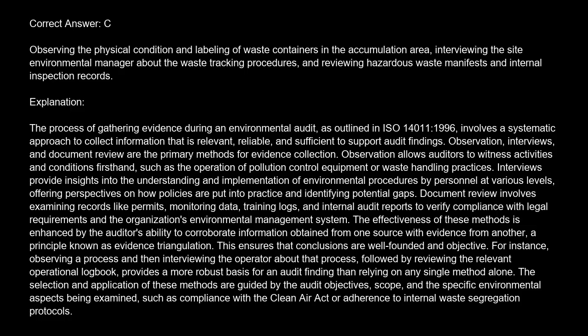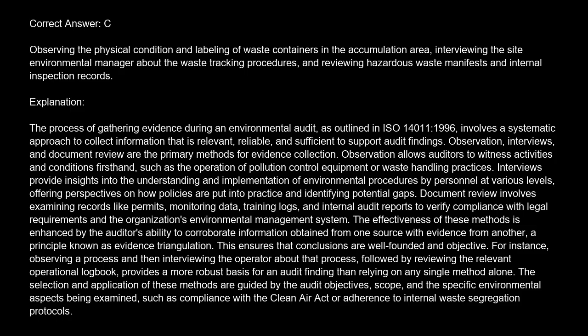Interviews provide insights into the understanding and implementation of environmental procedures by personnel at various levels, offering perspectives on how policies are put into practice and identifying potential gaps. Document review involves examining records like permits, monitoring data, training logs, and internal audit reports to verify compliance with legal requirements and the organization's environmental management system.